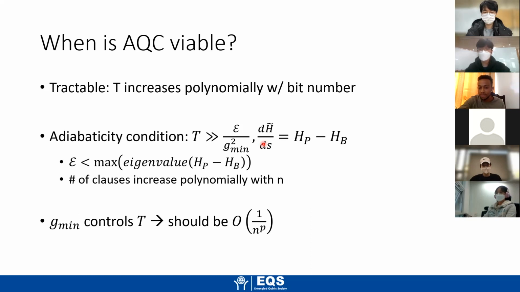Actually, if you solve the eigenvalue problem, it naturally just comes up. It's related with the size of the problem when you determine the value of epsilon, right? But G-min is not related with the size of the problem, right?